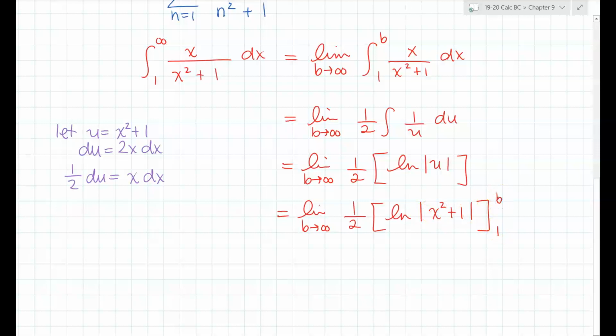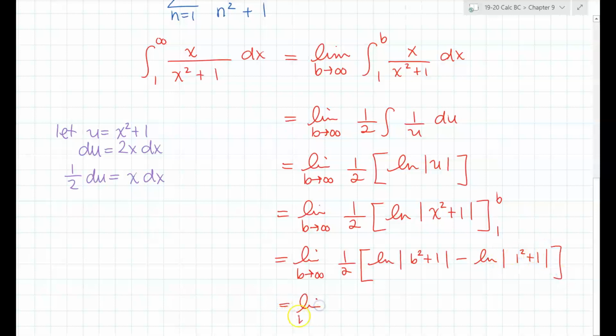Now if I plug that in, I get the limit as b goes to infinity of 1/2 of ln of b squared plus 1 minus ln of 1 squared plus 1, which is the limit as b goes to infinity of 1/2 of ln of b squared plus 1 minus the ln of 2.